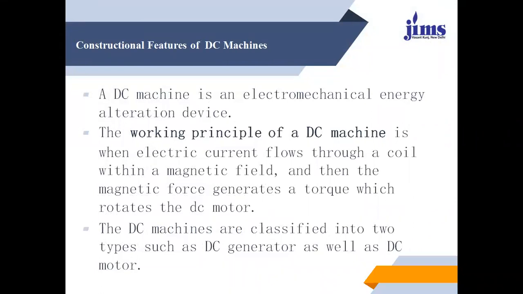DC machine. A DC machine is an electromechanical energy alteration device. The working principle of a DC machine is that when electric current flows through a coil within a magnetic field, the magnetic force generates a torque, which helps to rotate a DC motor. The same phenomenon is applicable for the DC generator.